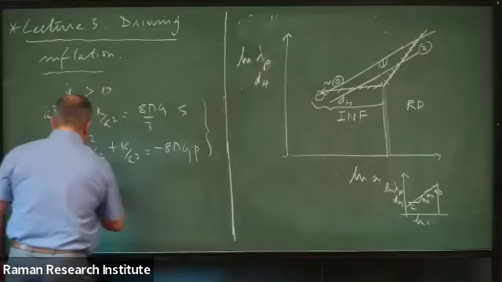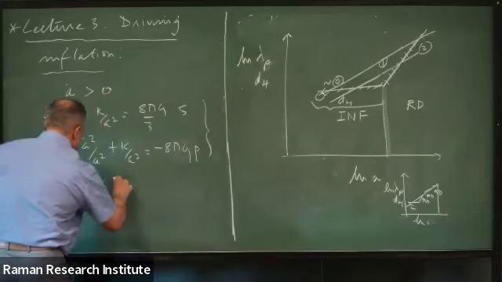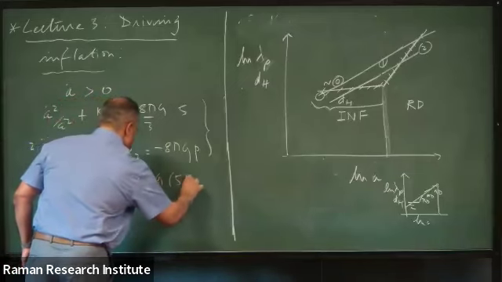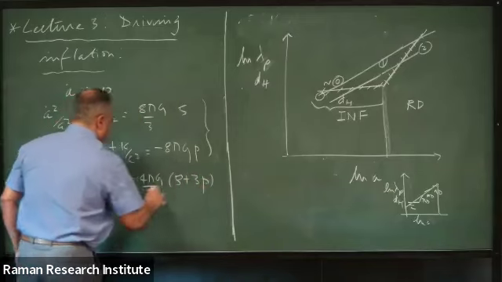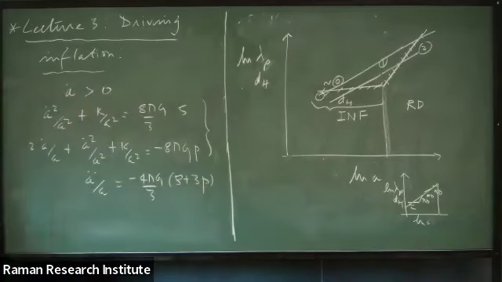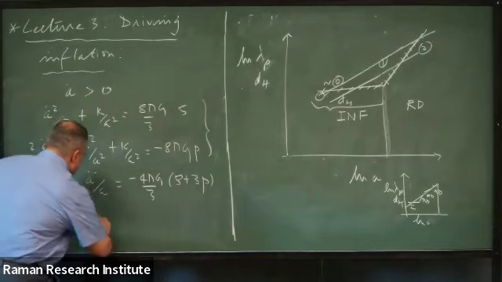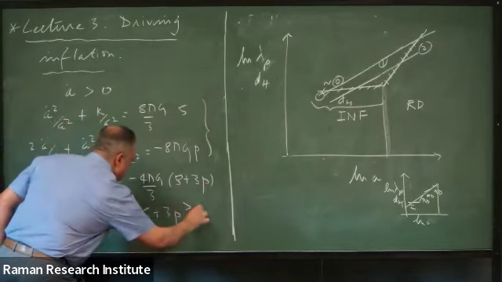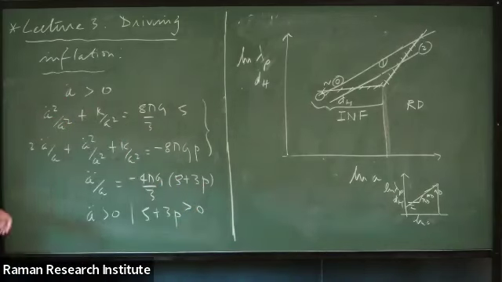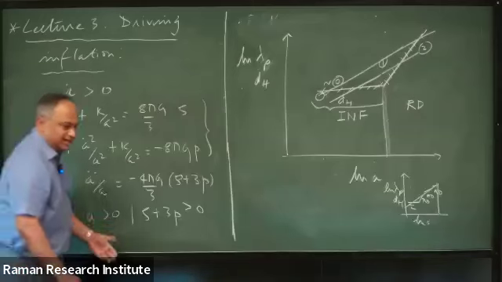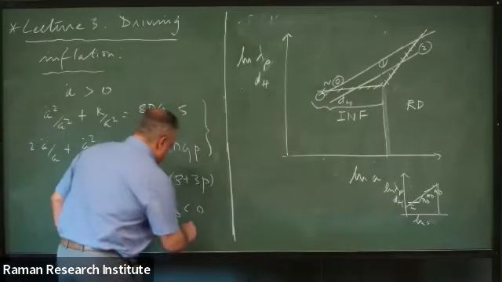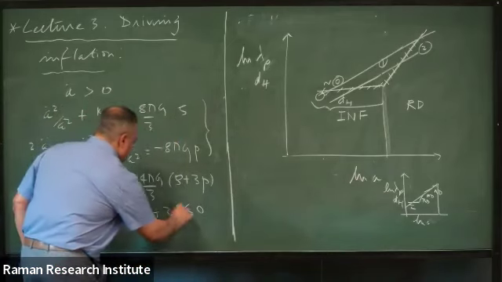You can combine these two to write a double dot by a equals minus 4 pi G by 3 times rho plus 3p. The point is, if you want a double dot to be greater than 0, you want rho plus 3p to be less than 0. If you have matter and radiation, both rho and p are positive, so there is no way. That has to be less than 0 in order to achieve inflation.